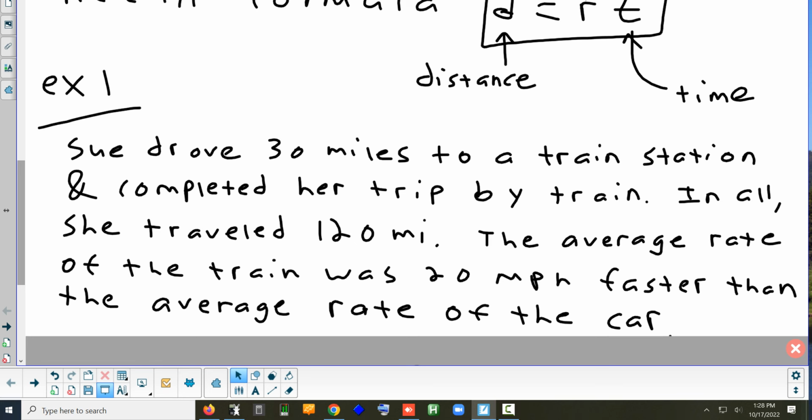And that's our problem. I think what they're going to ask for is a formula that represents the time it takes for her to do this trip.